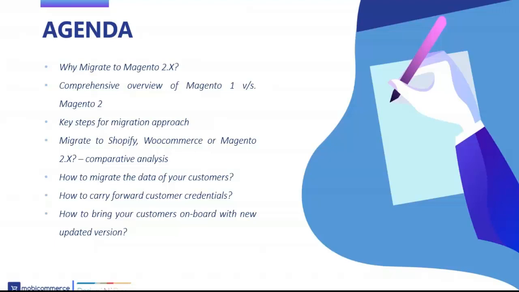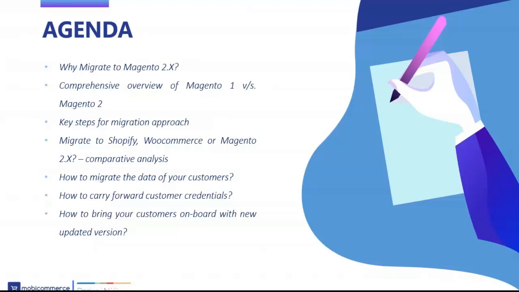Being an established e-commerce and m-commerce company, we just wanted to share our experience, how we can give our valuable input for you, and how it might help you in growing your business even better. So our primary focus of this webinar is to talk more about why to migrate to Magento 2, and what the main differences between Magento 1 and Magento 2 are.